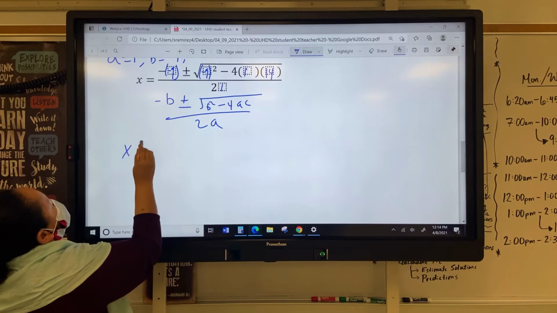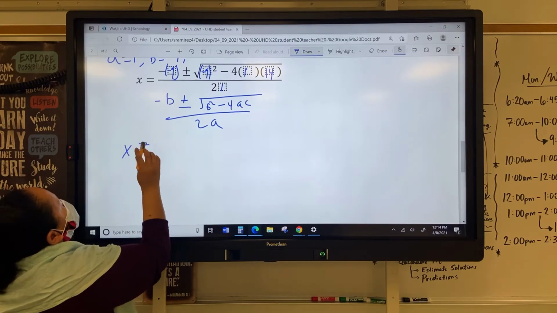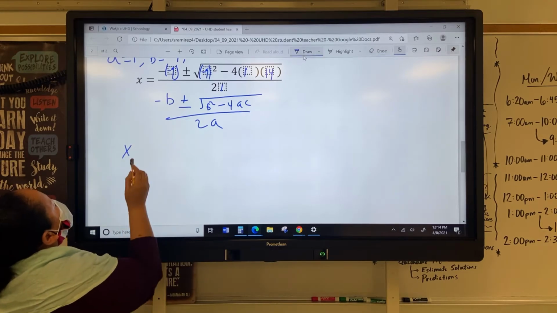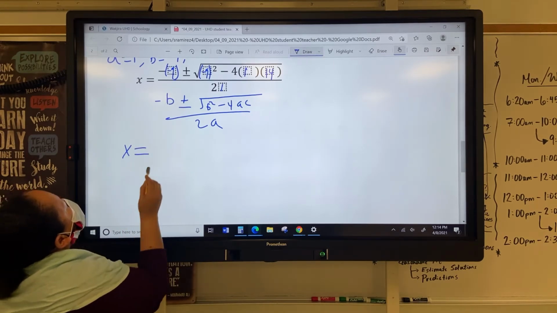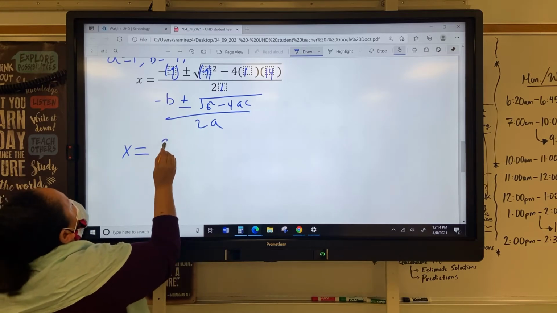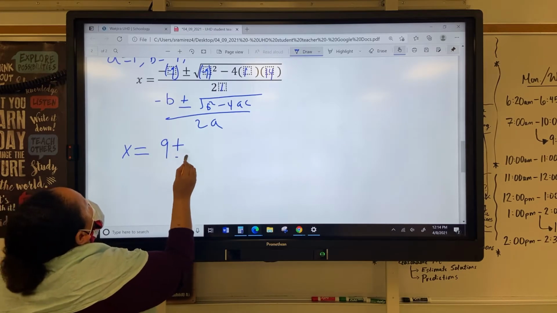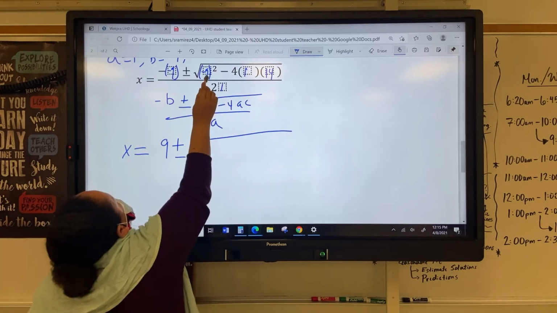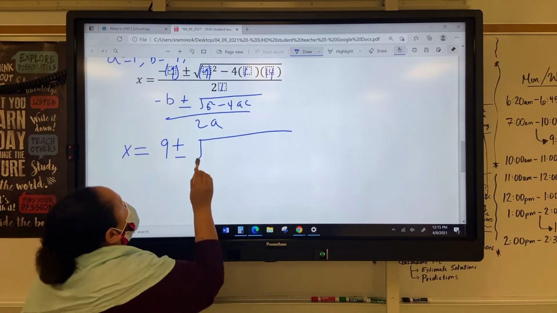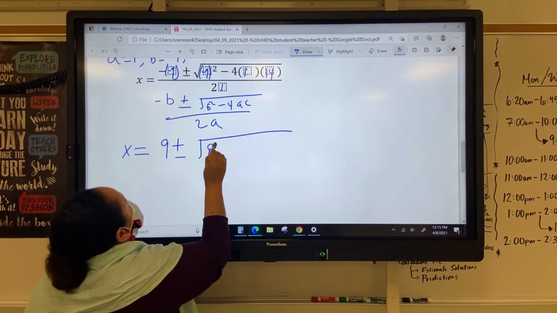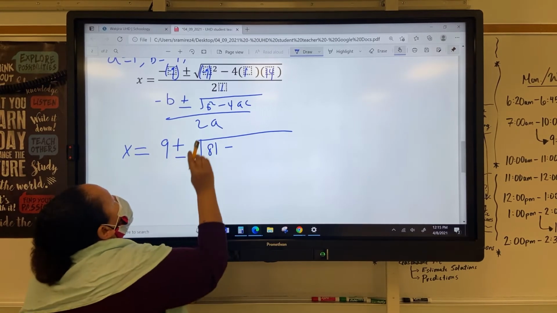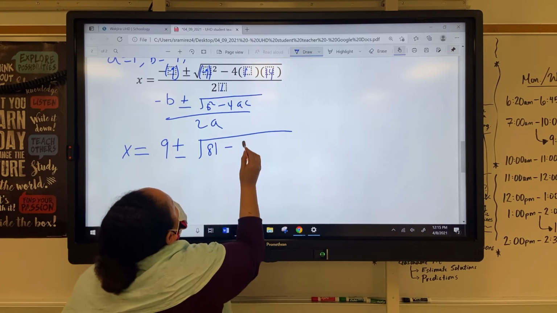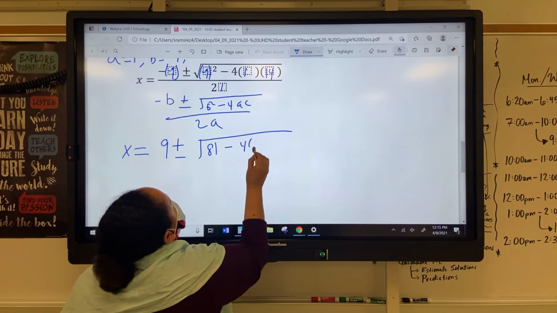So the x value is 9 plus or minus, we are still in the square root. 9 squared, when you do it in the calculator, becomes 81 minus 4 times 1 times 14, which is 4 times 14.